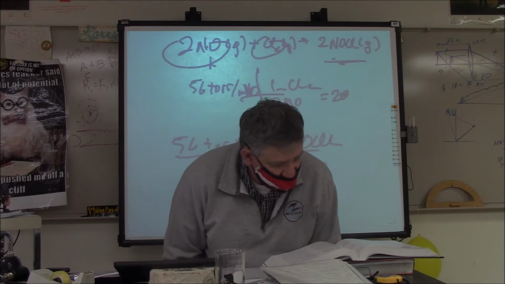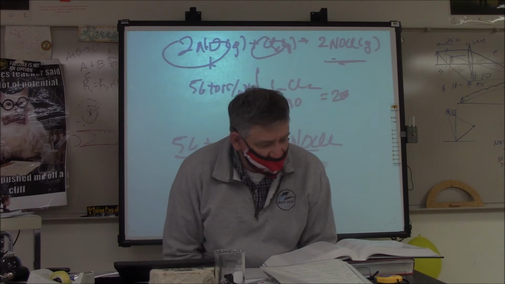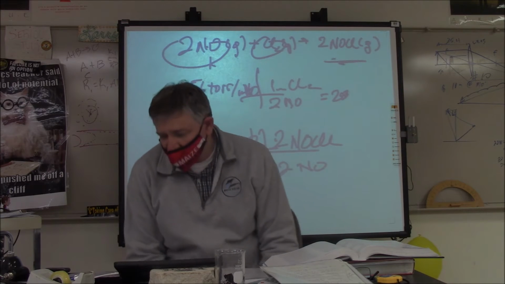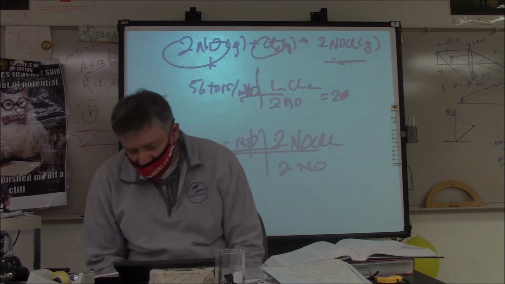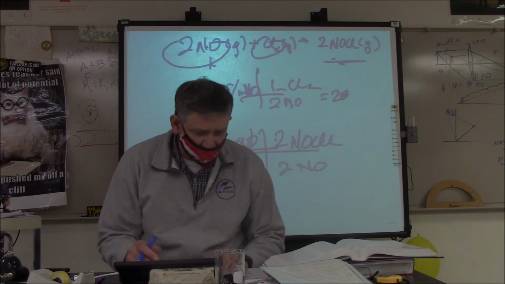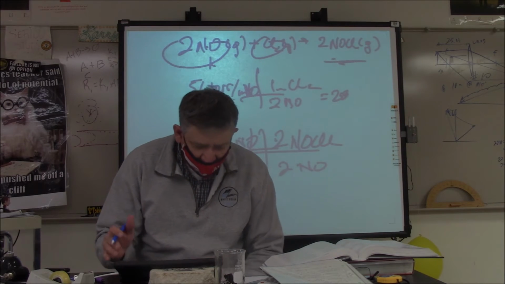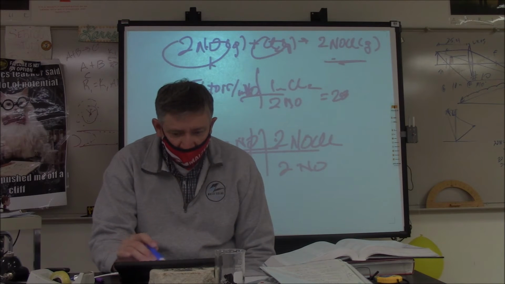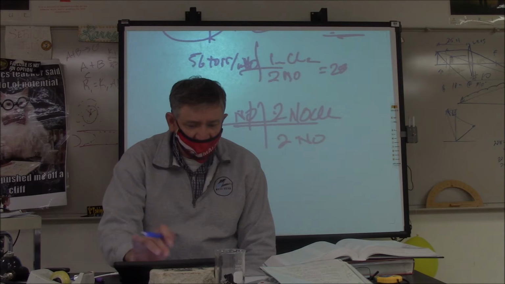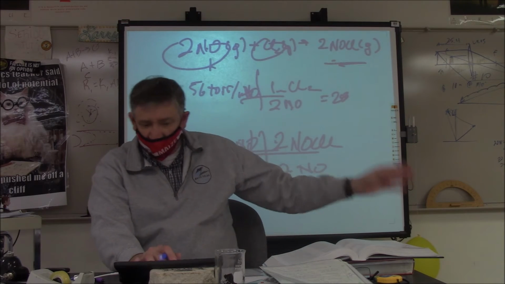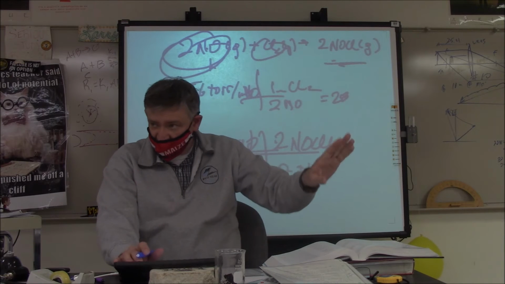Now, what it's asking for is the rate of change in the total pressure of the vessel. So think this through for just a second. So here's the deal. Of your NO, you're losing 56 there.